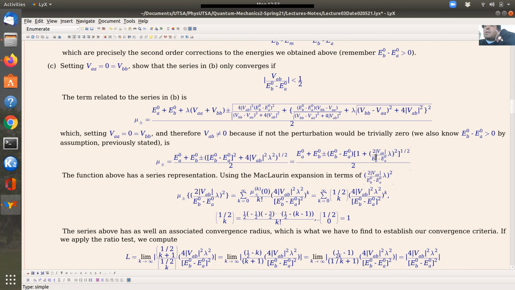So just think of this as the argument with the square. We're going to do a Maclaurin expansion in terms of this term squared. If you want, in your mind, call it x for mu plus minus. And so we do the Maclaurin expansion around 0, because by definition, Maclaurin is Taylor around 0.